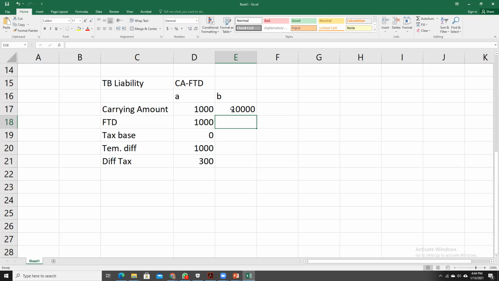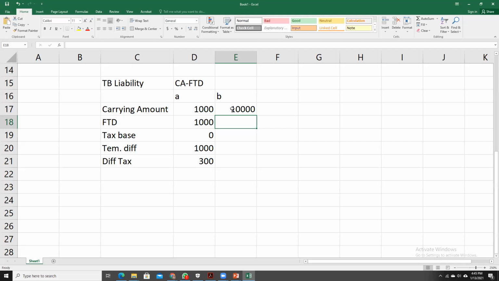According to the accounting rule, this 10,000 is not profit for this period. But according to the tax rule, this 10,000 is revenue for this period. Then they will charge tax this year. Do you agree with me?